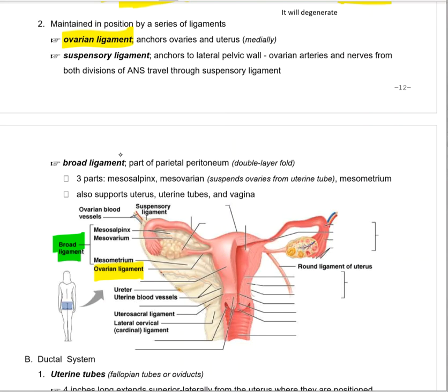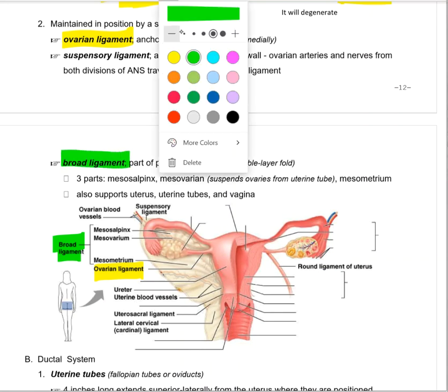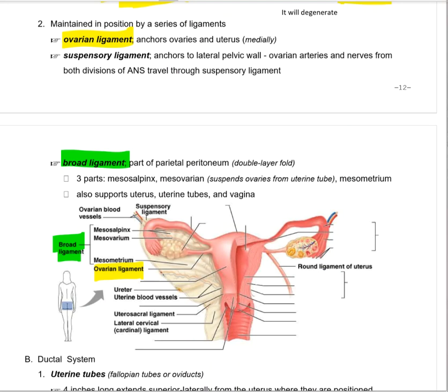And we also have the suspensory ligament, which is more posterior. And so those three ligaments just kind of hold it in place because it's kind of in the center of the peritoneal cavity, right, in the pelvic cavity.